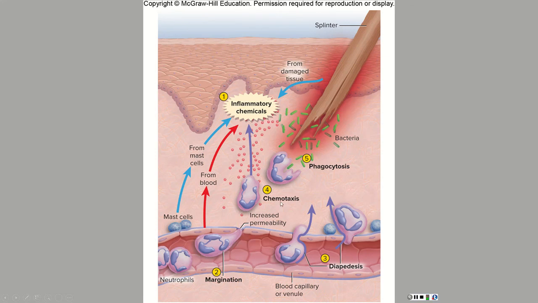Positive chemotaxis means they move toward certain chemicals, such as these inflammatory chemicals. So the white blood cells squeeze out with diapedesis. Positive chemotaxis draws them to the area where the problem is, and then we get phagocytosis of the bacteria or whatever it is that happens to be in this area causing problems.